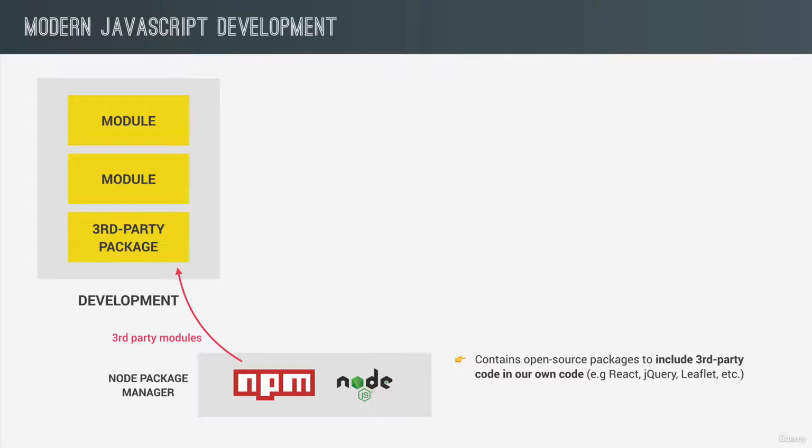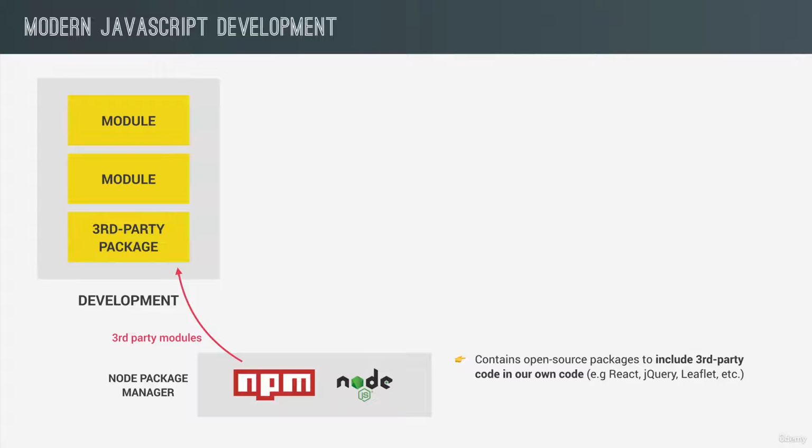For example, the popular React framework, or jQuery, or even the leaflet library that we used before in our Mapty project. All these packages are available through npm. Now, npm stands for Node Package Manager because it was originally developed together with Node.js and for Node.js. However, npm has established itself as the go-to repository for all kinds of packages in modern JavaScript development.